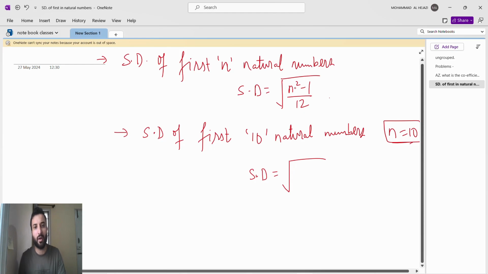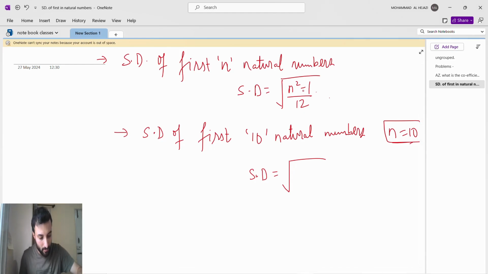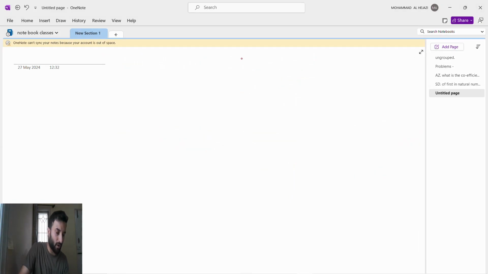So 10 square is 100. 100 minus 1 is 99. 99 divided by 12, square root, you get 2.87 directly. No need of writing steps. Directly you will substitute the values in the formula, you will get the answer.